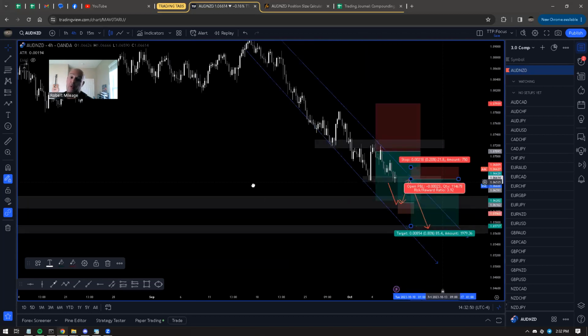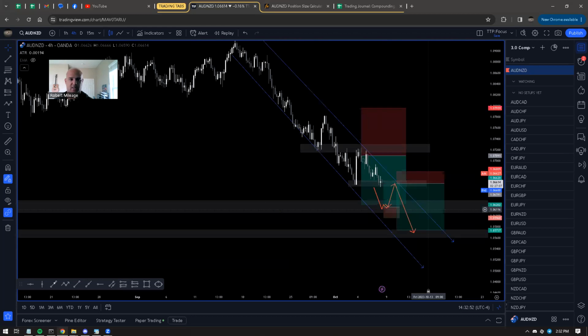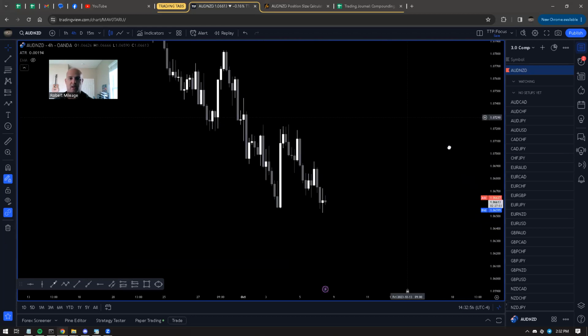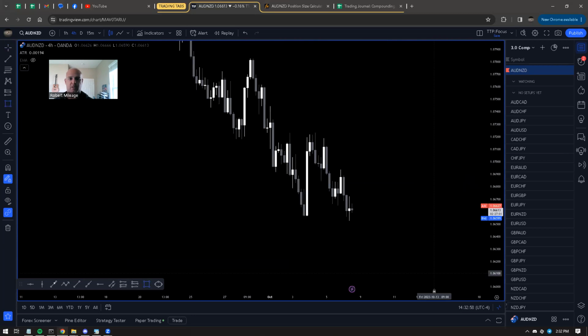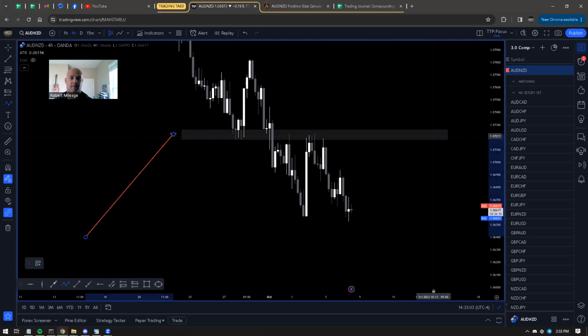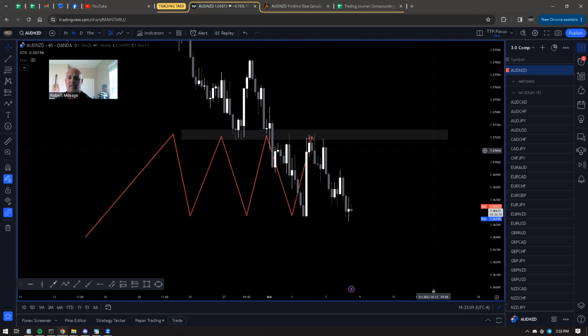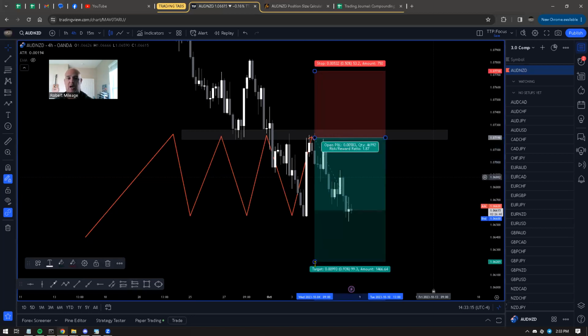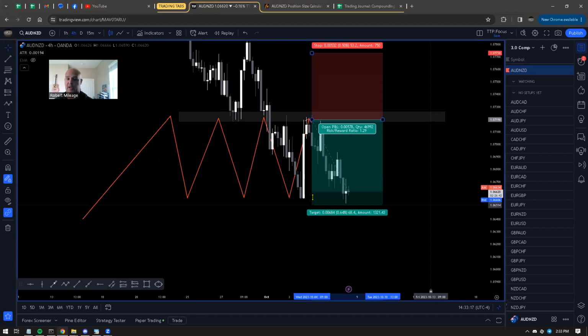Now, in a ranging market, let's play pretend and imagine that price previously has just come up here and has been bouncing back and forth, back and forth. And now we're here. Once I take this trade, given that it's a ranging market, I'm not trying to go for a lower low. I at least want to come to where price has been reacting before.